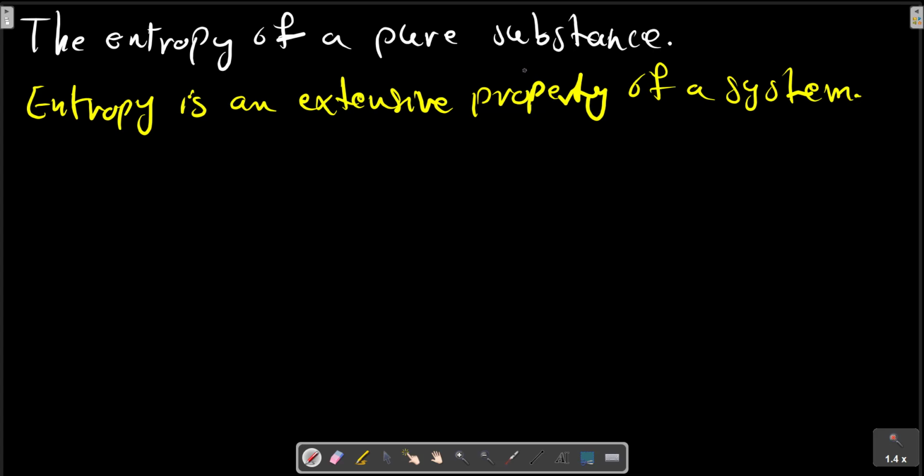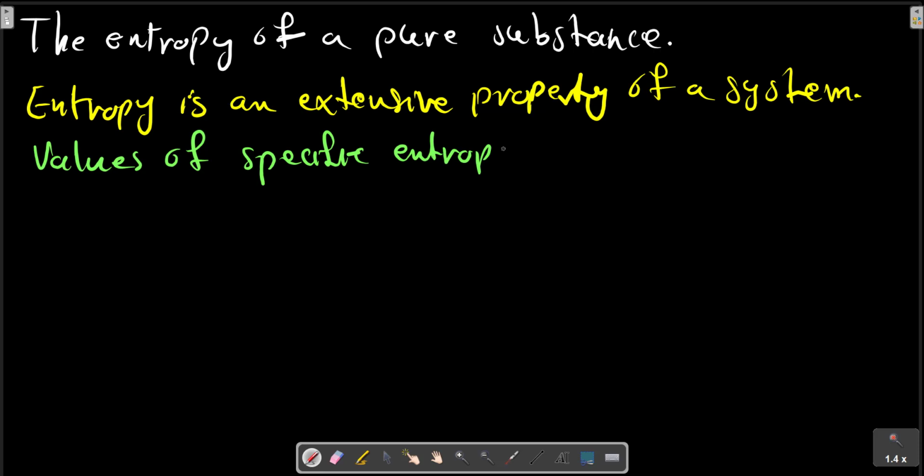Values of specific entropy per unit mass are given in tables of thermodynamics.